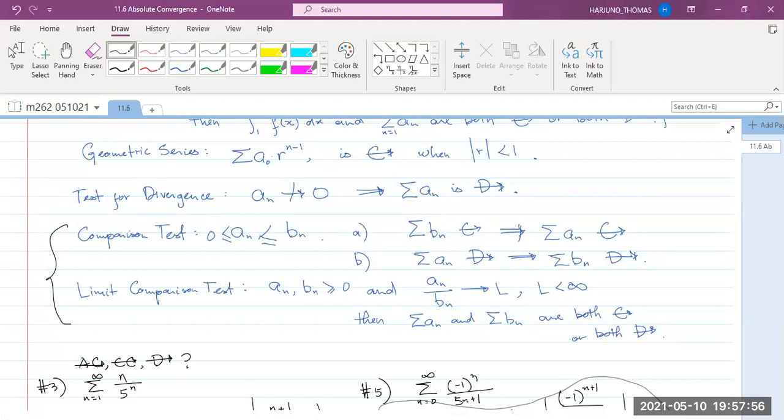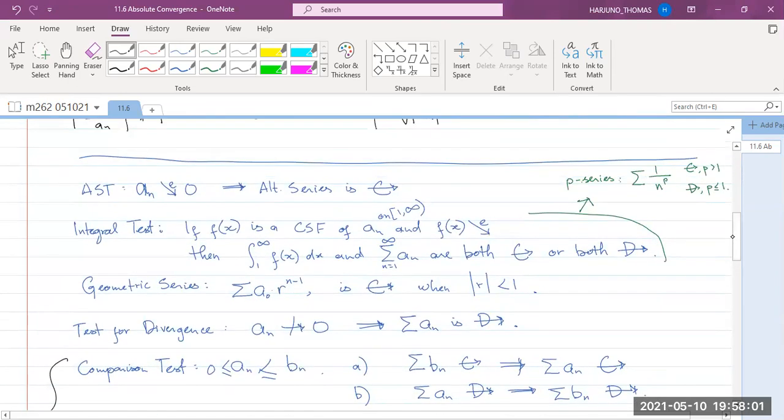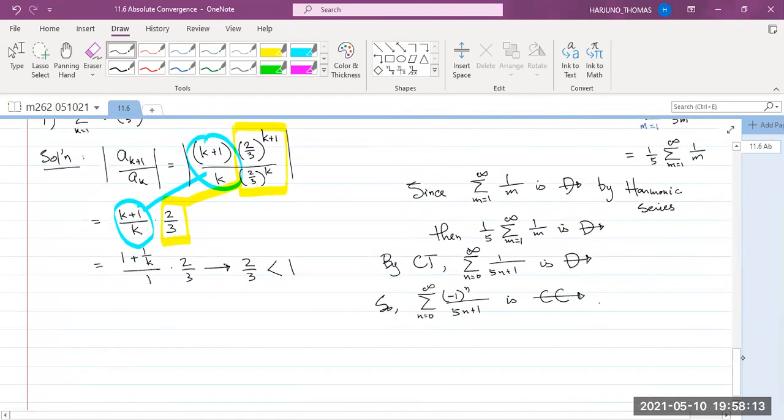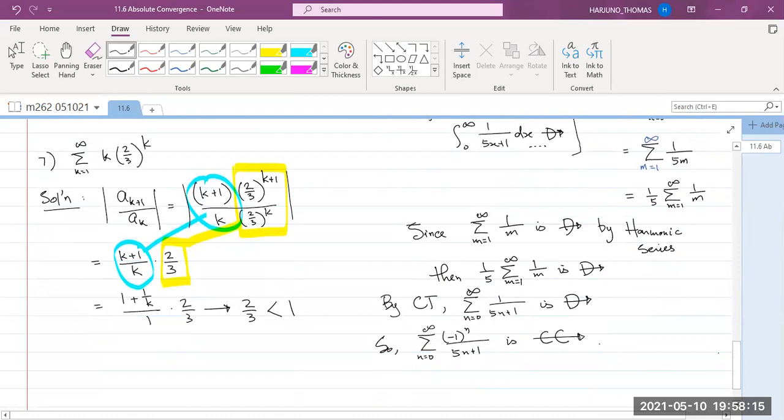The integral test requires the continuous function to be non-negative as well. But the ratio test does not require the terms to be non-negative. Now, because the terms don't have to be non-negative, it does not mean the terms cannot be positive. It's okay, you still can use that.